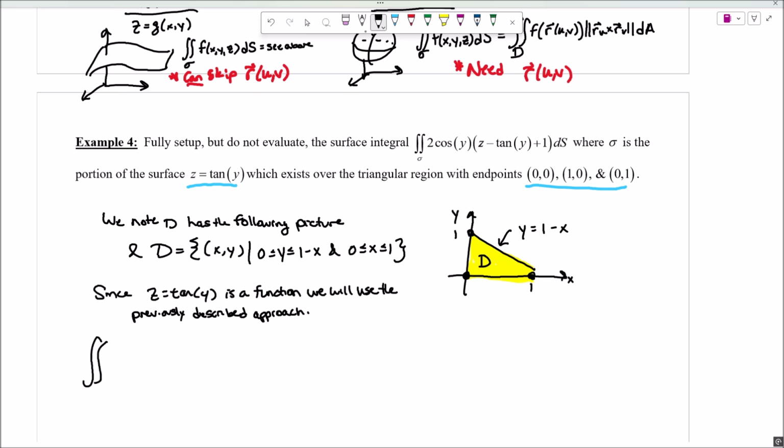This is going to tell me that my double integral over sigma of this 2 cosine of y times z minus tangent of y plus 1 dS is actually just going to be equal to doing a double integral over D of my function, my integrand being fully updated.